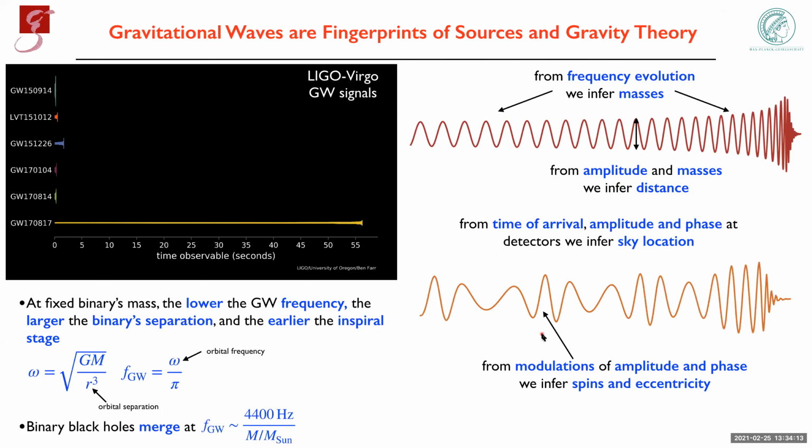And also from the modulations that we can observe in the amplitude and in the phase, we can extract information about whether the black holes were spinning slowly or fast, and also whether the orbit was eccentric or circular. And finally, by comparing waveforms with deviations from general relativity, we can probe gravity, and in particular do null tests of general relativity.